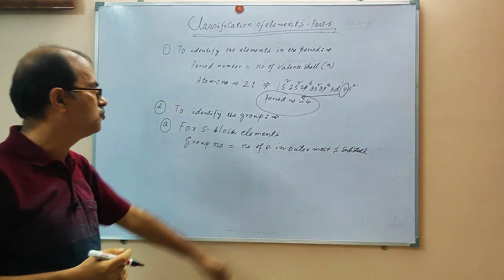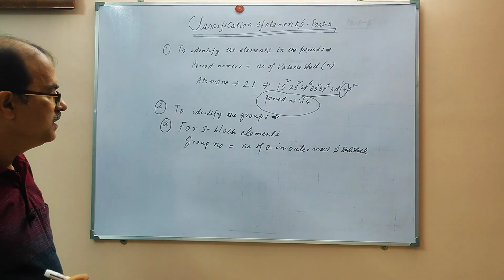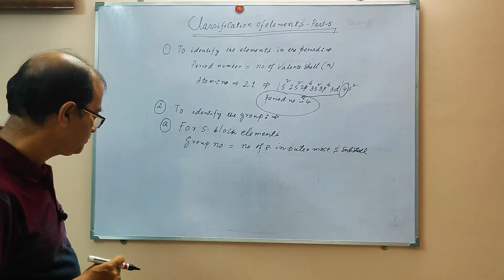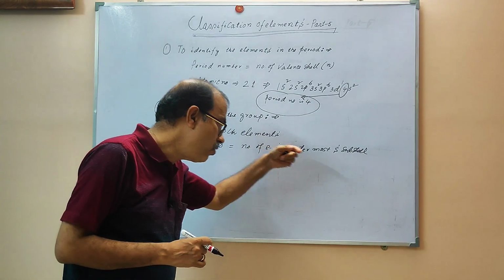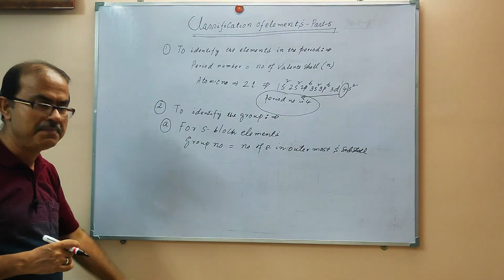The number of electrons in the outermost S subshell gives the group number of the S block element.